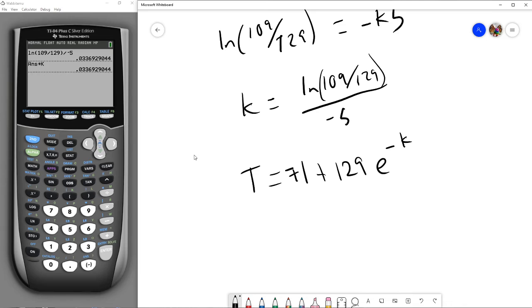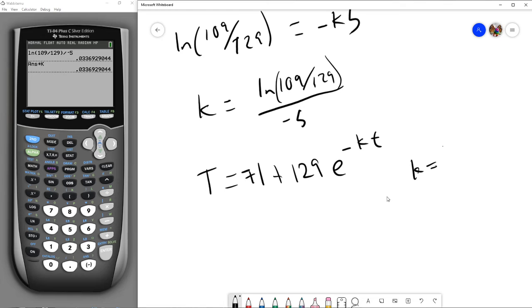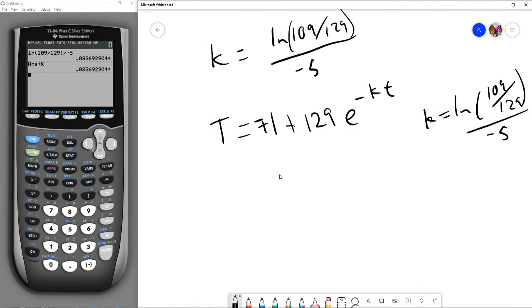I'm just going to write k instead of writing this entire expression, where it's understood that k is going to equal natural log of 109 over 129 over negative 5. Alright, so that is our k value. I'm just not going to write it in our equation or work.